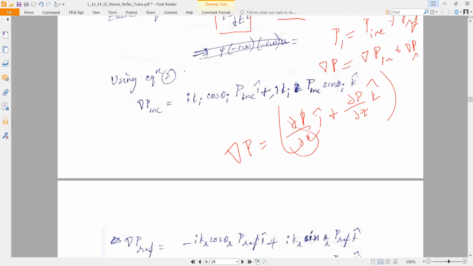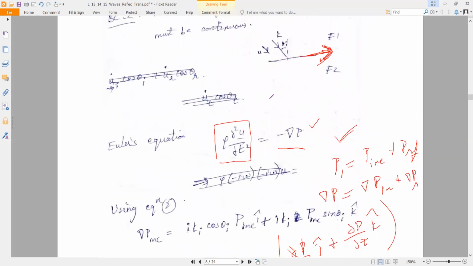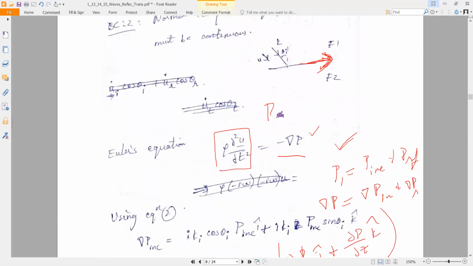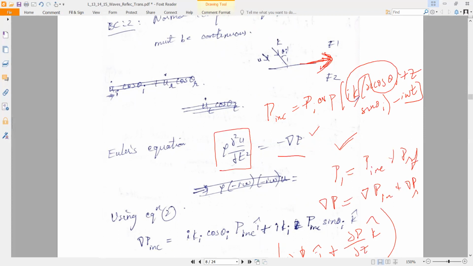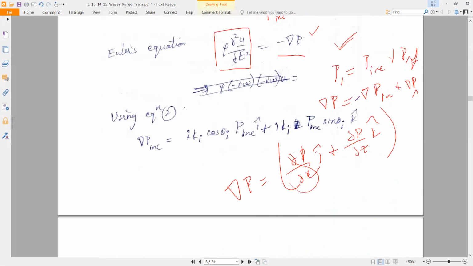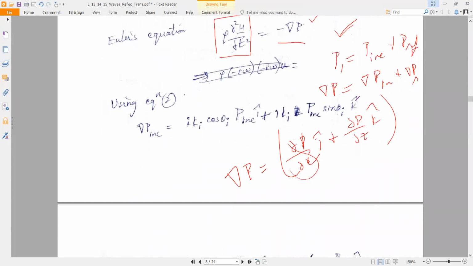And dou by dou X, looking at the expression here, we had P incident as Pi times exponential of i k (X cosine theta i plus Z sine theta i) minus i omega t. You can take the partial derivative with respect to X and you will be left with i k cosine theta i times P incident along the unit vector i hat.